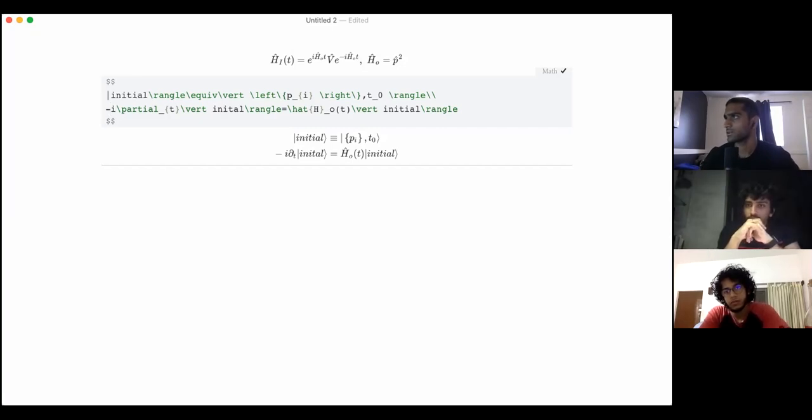Exactly. So that basically means that if we want, we could try to work out who is H sub I of t, the Hamiltonian on the right-hand side of the Schrodinger equation, for? It could very well be that it's not for anybody, but presumably we can find ourselves states for which this is the right thing to be thinking about.